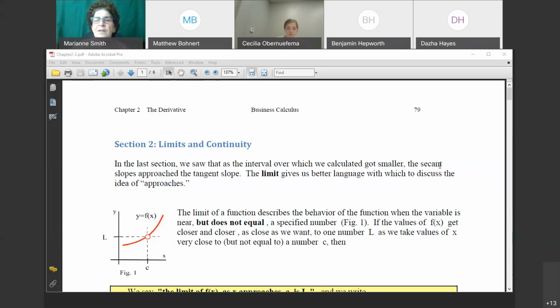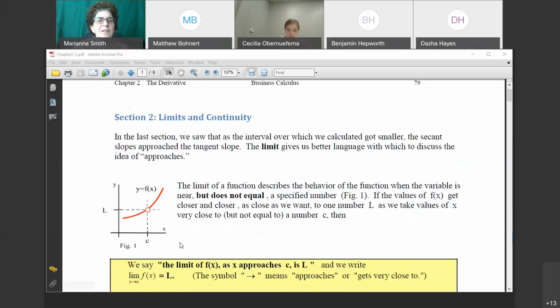So if we take a look over here, we have this tiny little figure 1 graph, and you can see it's kind of got a hole in it.